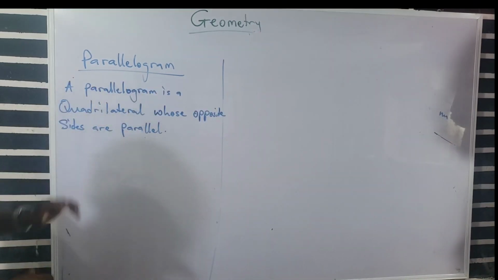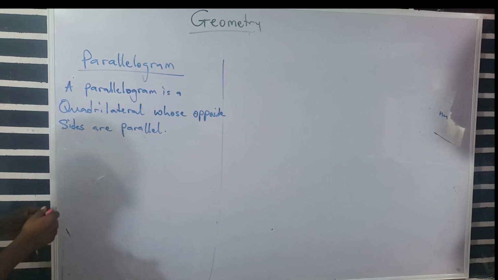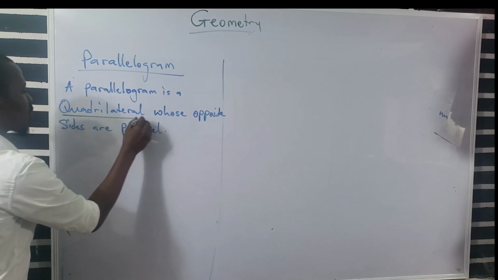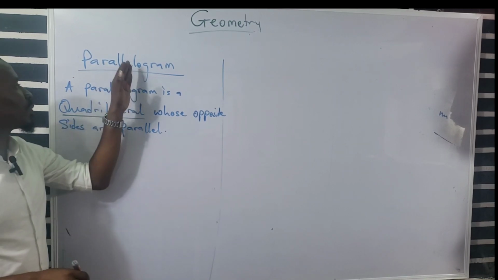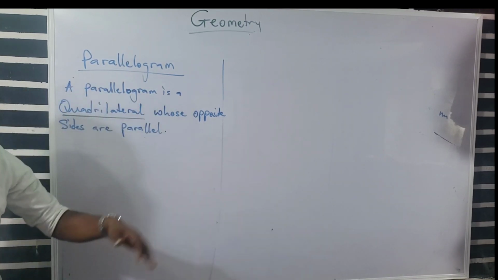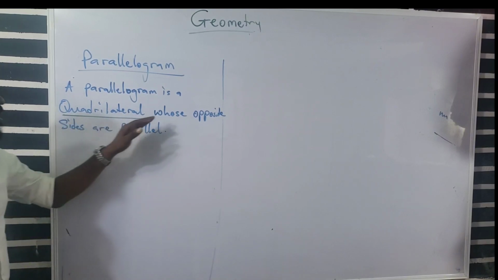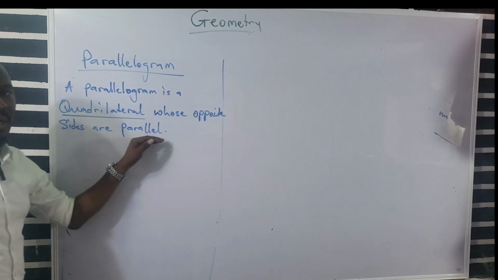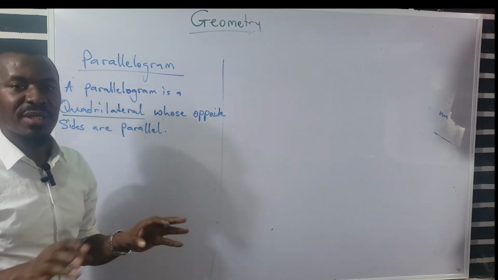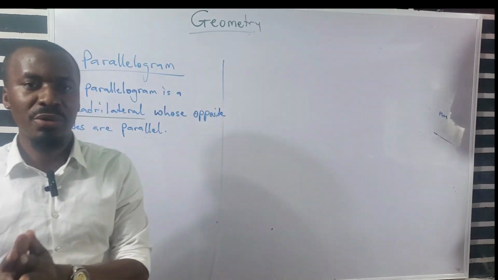So a parallelogram is a quadrilateral. So you can see that a parallelogram is also a quadrilateral. Okay, that means every parallelogram will possess the properties of a quadrilateral. So a parallelogram is a quadrilateral whose opposite sides are parallel. So any shape whose opposite sides are parallel is a parallelogram.